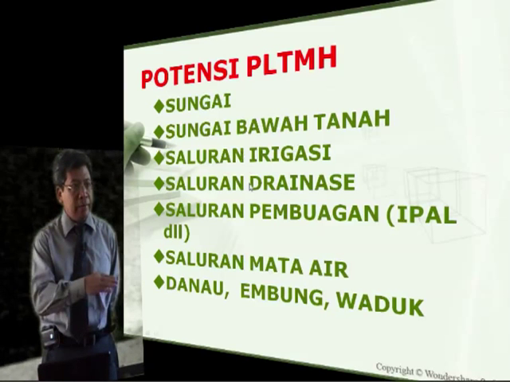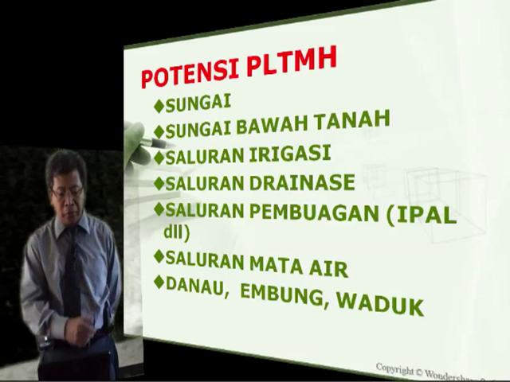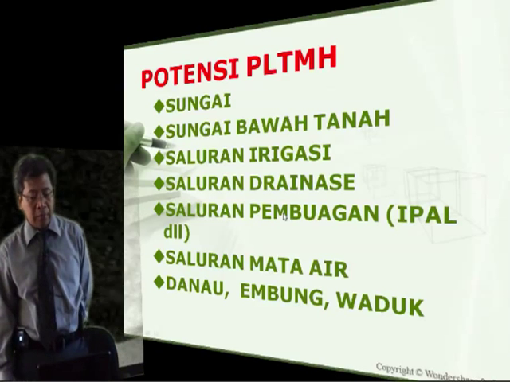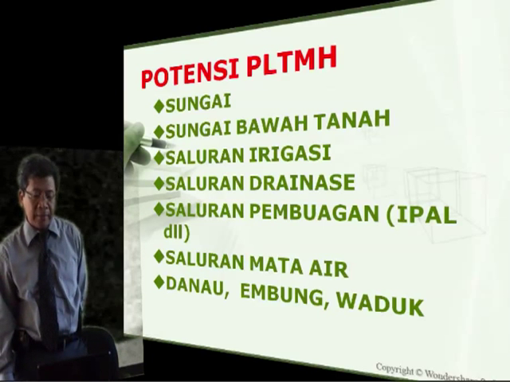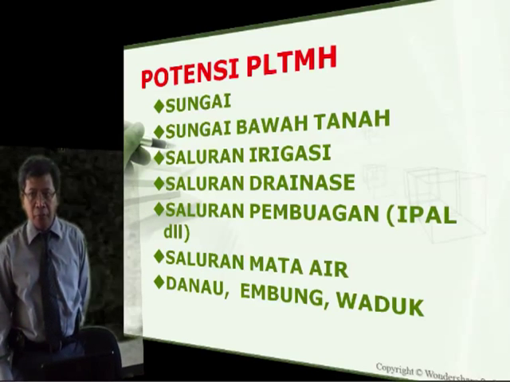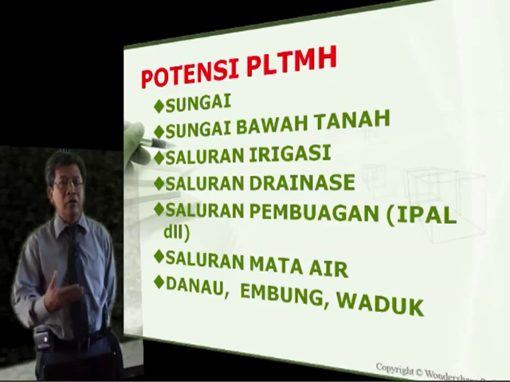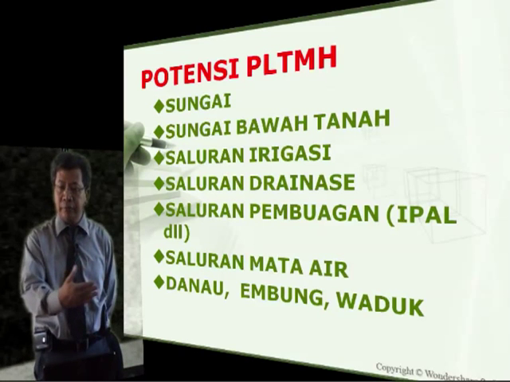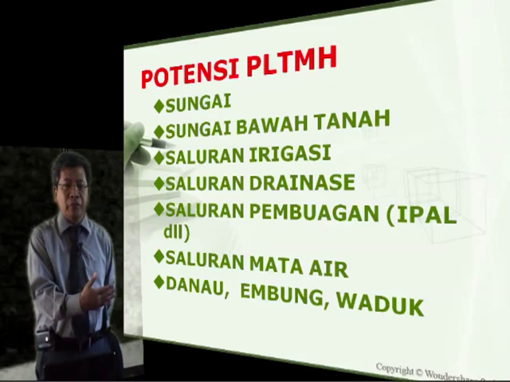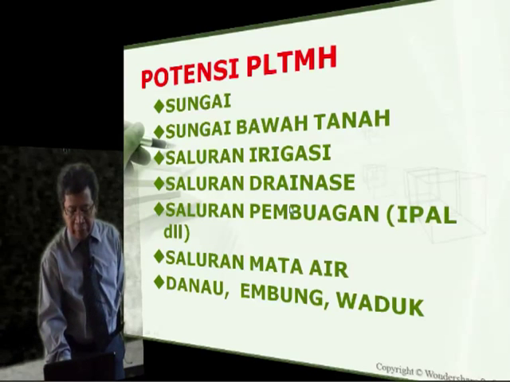If you have a drainage channel, maybe you can develop microhydro. You can also develop in IPAL, the wastewater treatment plant. If you have a wastewater treatment plant, it always releases excess water, and then you can use this water for microhydro. It is very important, that thing.